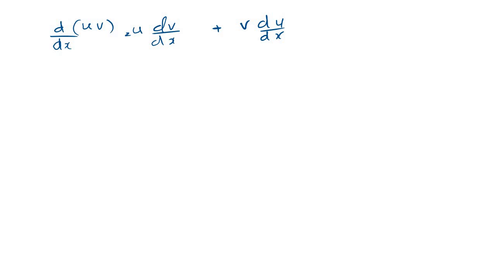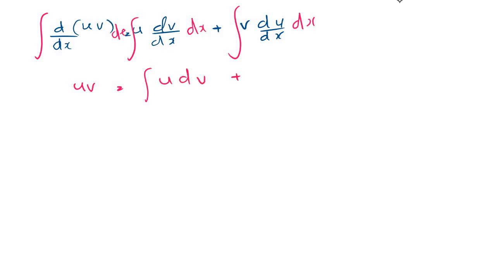Let me use a different color to do that. If we integrate each part with respect to x, we get uv equals the integral of u dv plus the integral of v du.